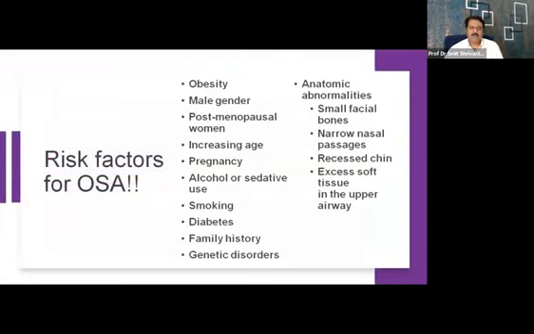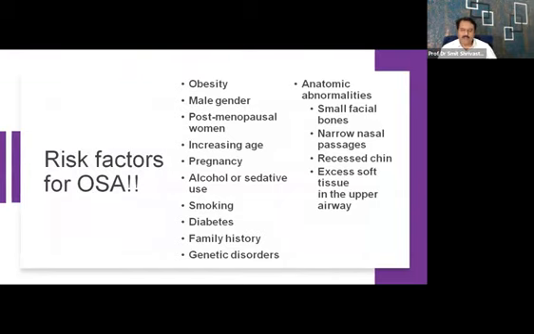Risk factors for OSA: this is a typical Pickwickian physiology or pathogeny that we described. It's male gender, obesity, increasing age, post-menopausal females, 5 to 6 years after their menopause they can become equal in incidence of having OSA.